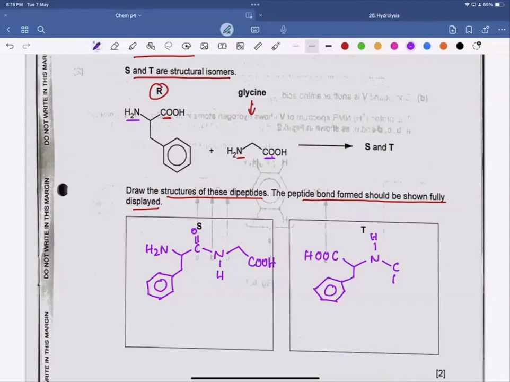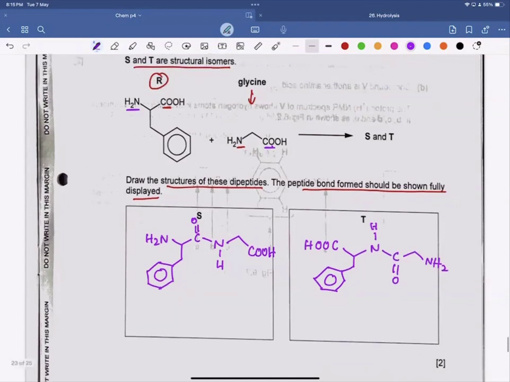So C double bond O and then CH2 and then NH2. So see, we got two structural isomers. Is this clear to all of you? What we did is a very simple thing. With the carboxylic acid of one molecule, we have reacted the amine of the other molecule.